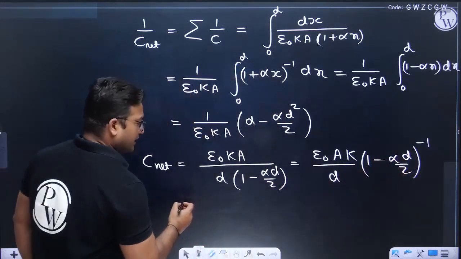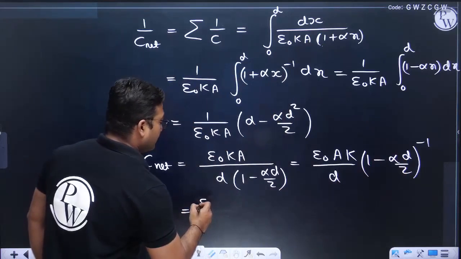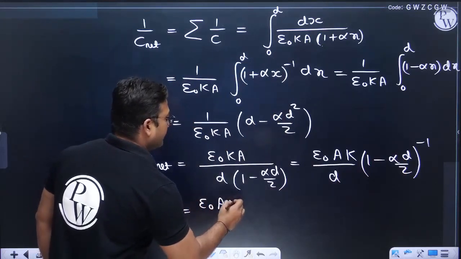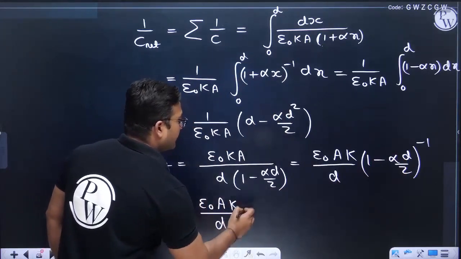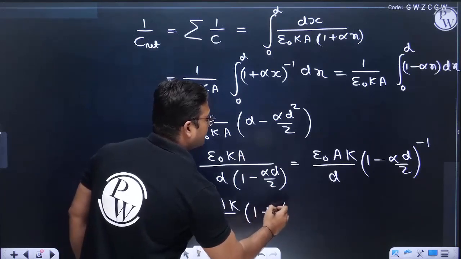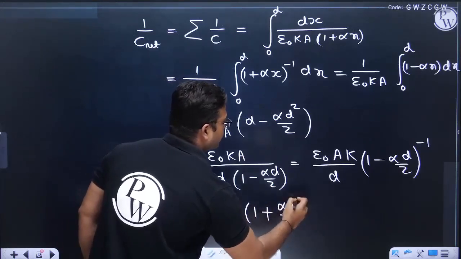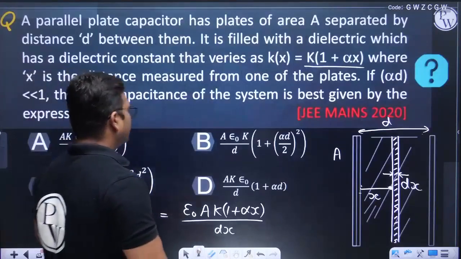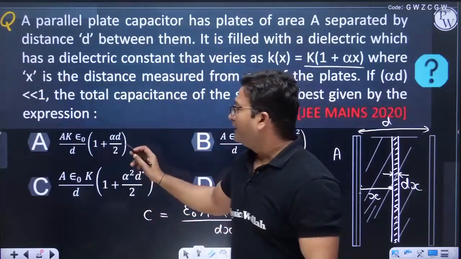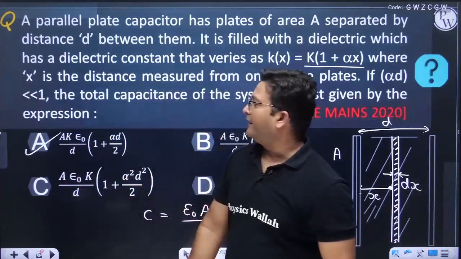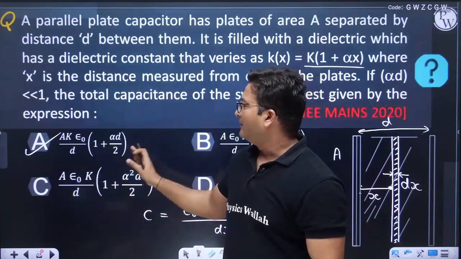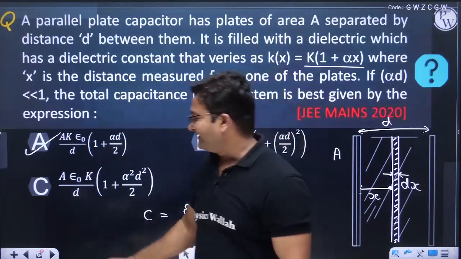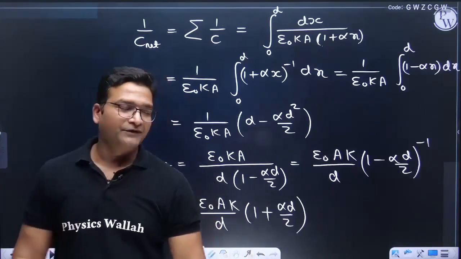So in the answer we would have epsilon naught A K by d and (1 plus alpha d by 2). And this matches with this option. So A is the right answer.